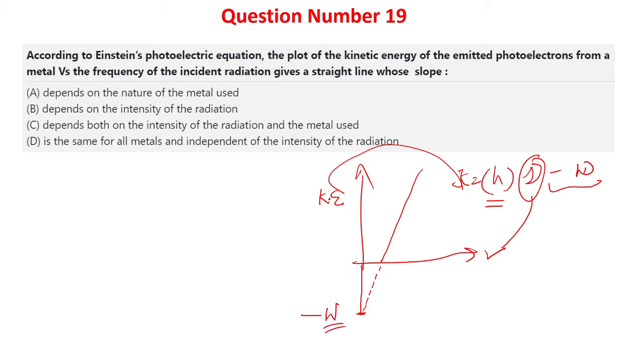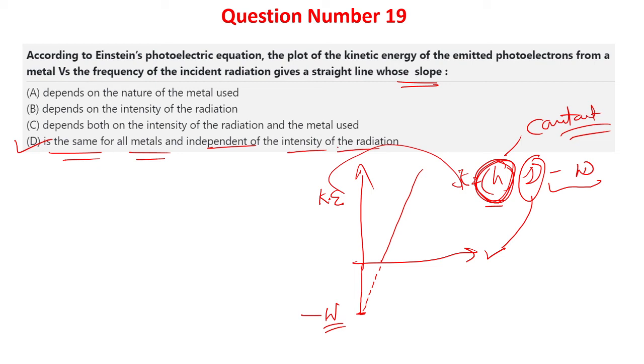So first of all, this gives a straight line whose slope is only h, which is a constant quantity. So straightaway look for the option where the slope is written to be constant. That is choice number D. Slope is the same for all materials, independent of intensity, frequency, anything.